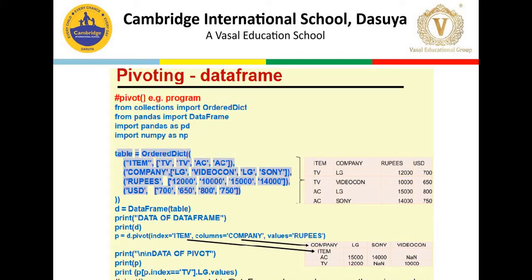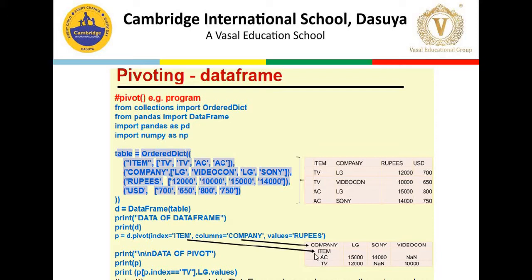Then, students, here we have applied the pivot operation where we have passed the parameters. First is the index, where we have kept item as index, then columns as company name, and values as rupees. We don't need the US dollar in the resultant information. You see here the index contains AC and TV, the items.